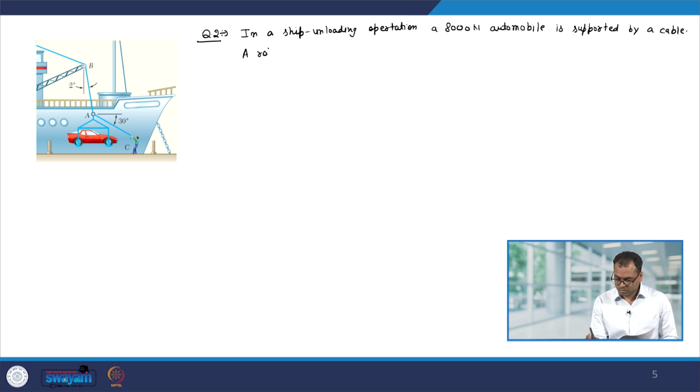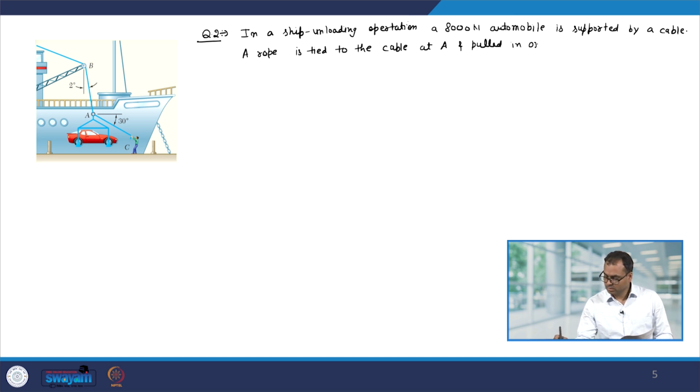A rope is tied to the cable at A and pulled in order to center the automobile over its intended position.